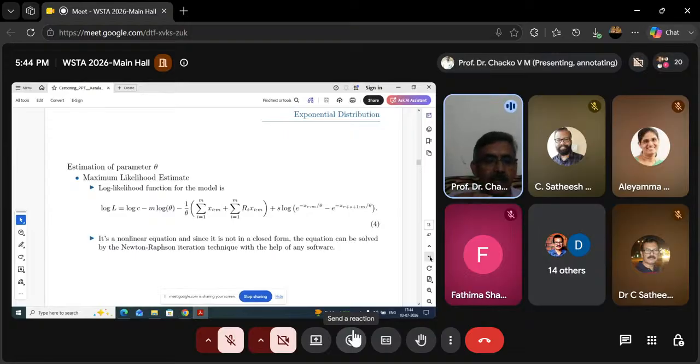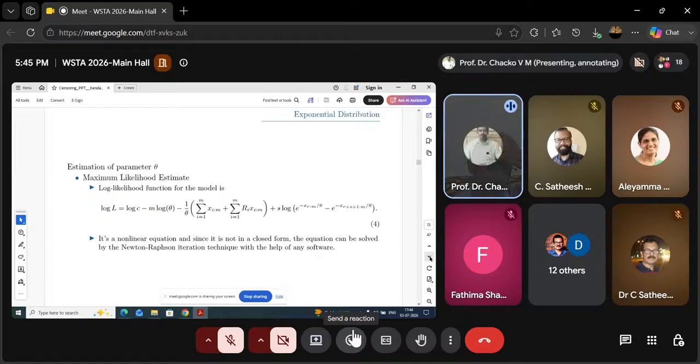The maximum likelihood function is given like this, and it is not easy to evaluate because of the censoring components. We cannot evaluate it using the traditional procedure. So a lot of complication is there in estimating the parameters.